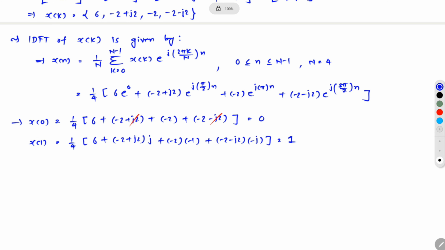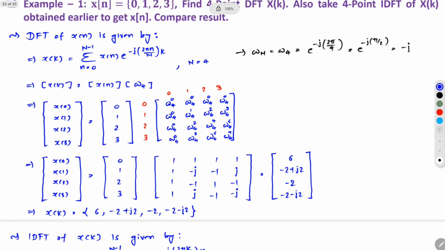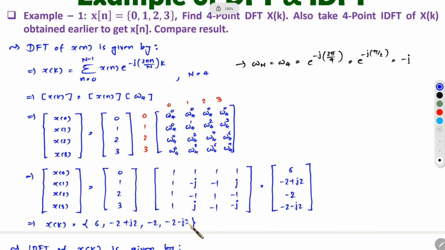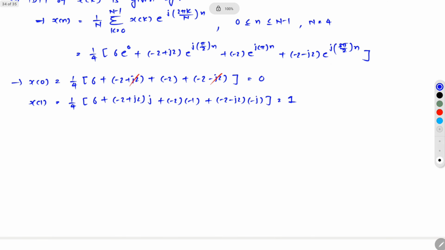The reason is, we are identifying the IDFT of this sequence, and the DFT of this sequence is this only. So at last, when you calculate x of n, it will be this sequence only. If you solve this, you will get 1 only for x of 1, and for x of 2 we repeat the same calculation.